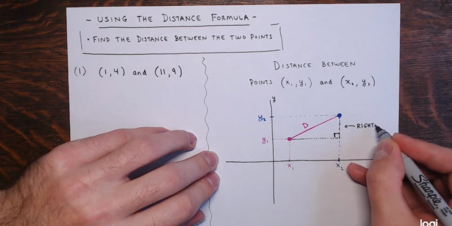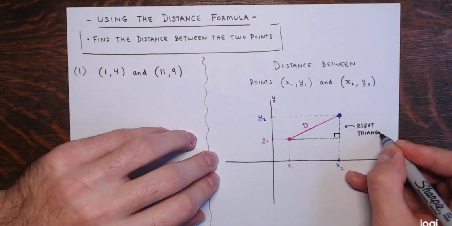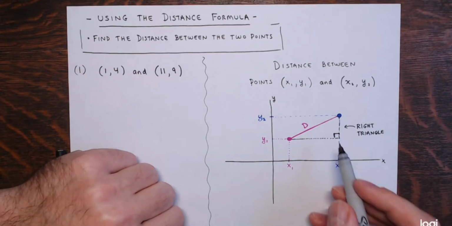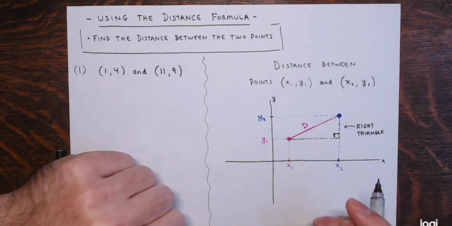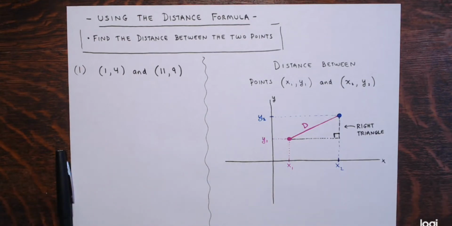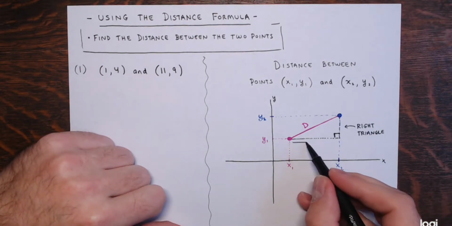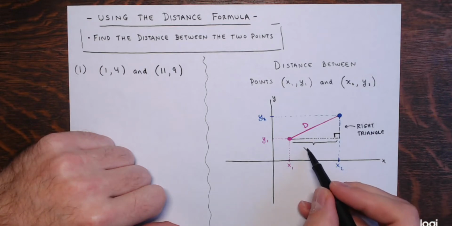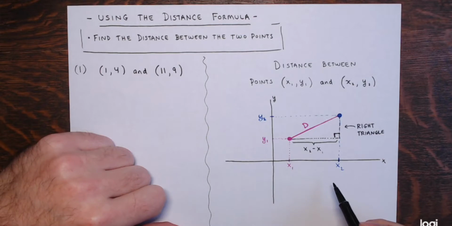A right triangle. And these legs of the right triangle, these side lengths that form the 90-degree angle, have some pretty easy to calculate lengths. The length of this side is just the change in the x coordinates. You take x2 minus x1 or x1 minus x2.